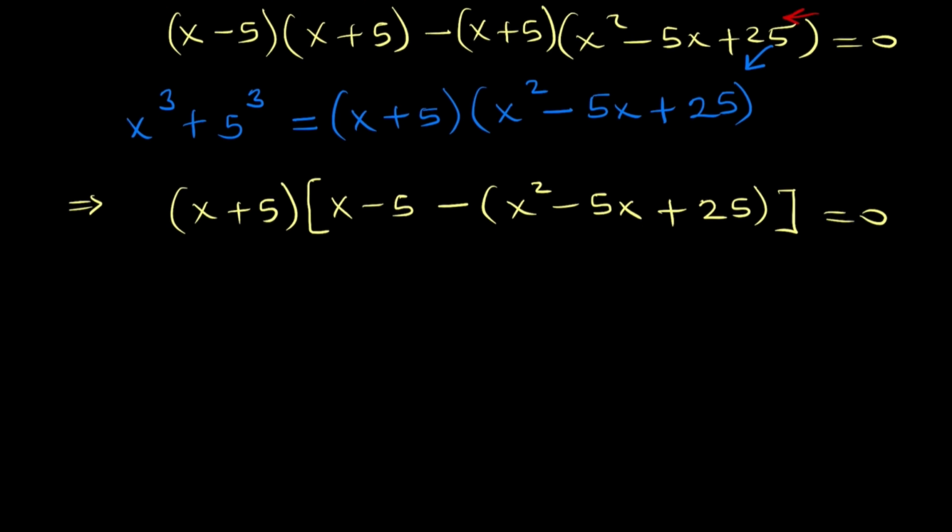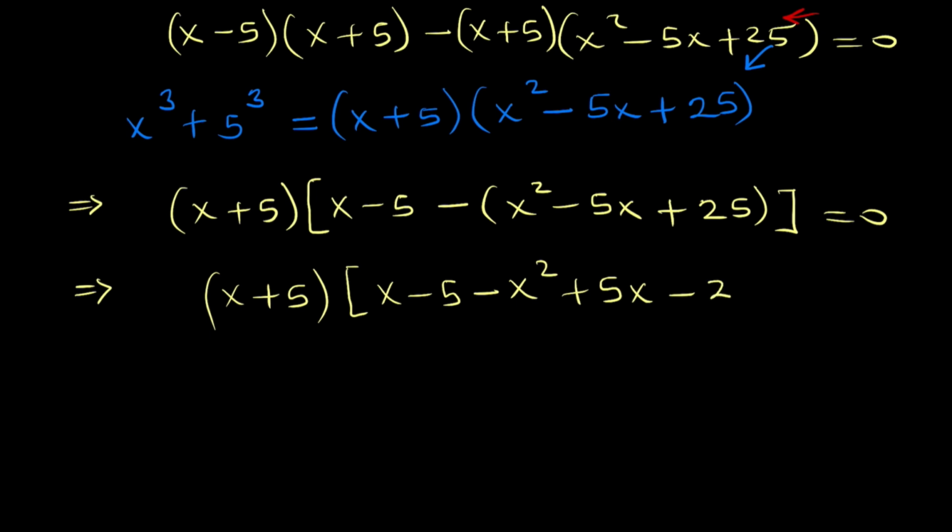So this implies that x plus 5 into brackets x minus 5. Let's open up this bracket. So we have minus x squared plus 5x minus 25 is equal to 0. x plus 5 into brackets. This and this is 6x. I have 6x.